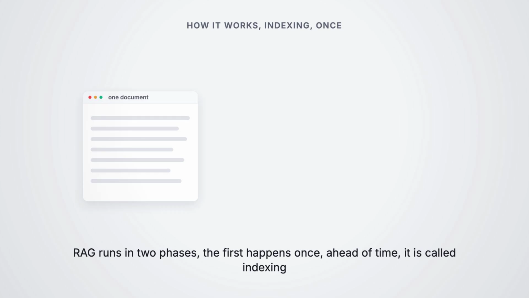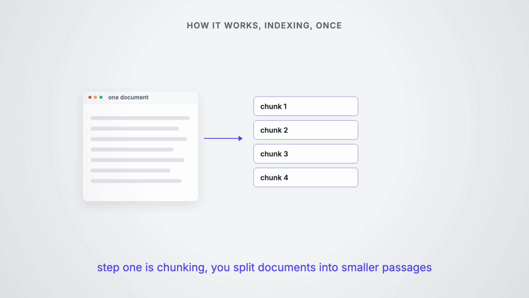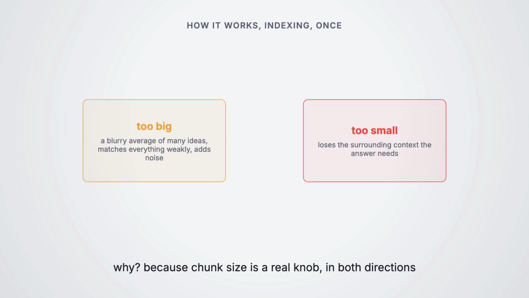The first happens once ahead of time and it is called indexing. Step 1 is chunking. You split your documents into smaller passages, a few sentences or a paragraph each. Why bother? Because size is a real knob in both directions. A whole book will not fit the model's context window, the limited space a prompt has.